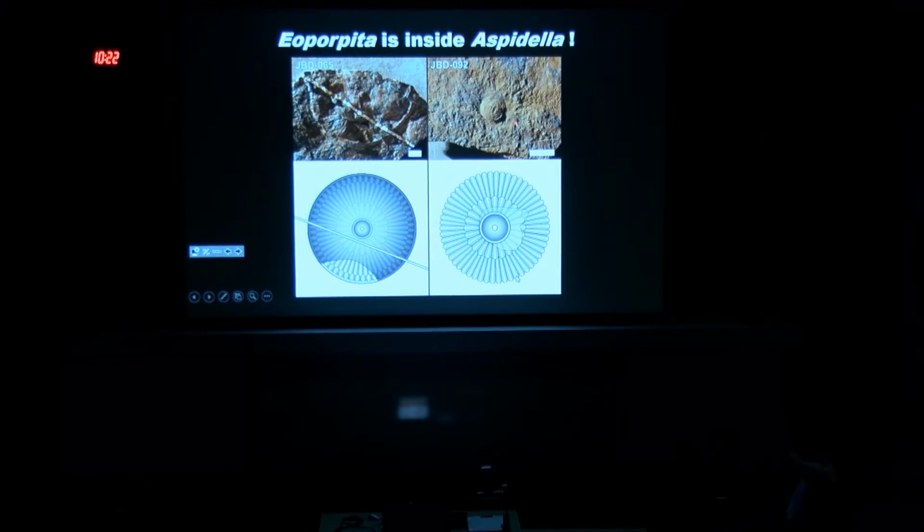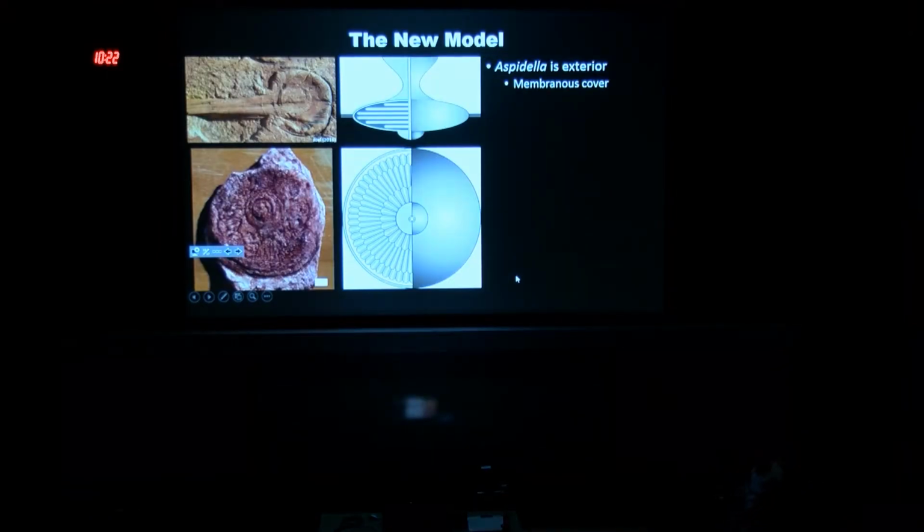Likewise, you see an Eoporpita here with what looks to be the remnants of a membrane right there, with the lobes extending out from that central boss. So what we've proposed here is a model for the full living organism, more complex than has originally been assumed for what was supposed to be basically just a hold-fast structure.